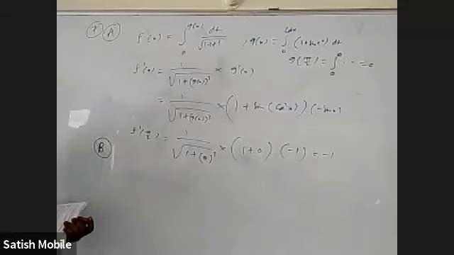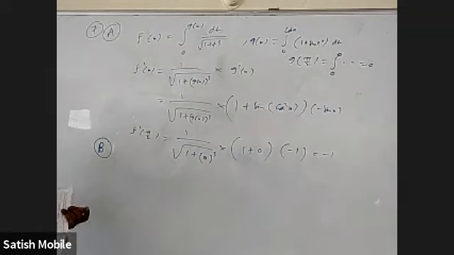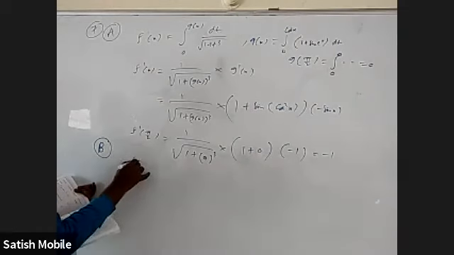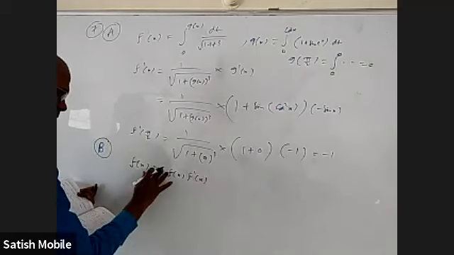In the B bit, if f of x is a non-zero differentiable function such that integral 0 to x f of t dt is equal to f of x whole square for all x belongs to R, then f of 2 is equal to. Simply differentiate, you will get f of x is equal to 2 f of x into f dash x.